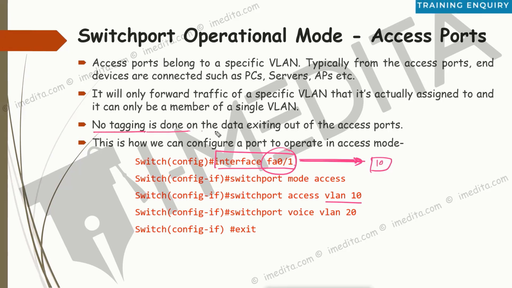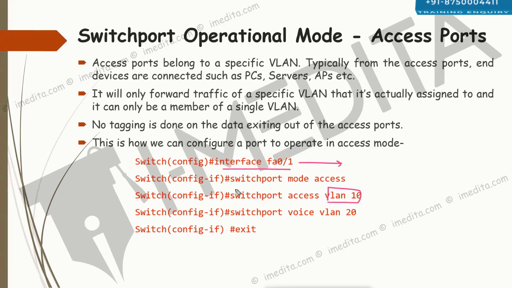No tagging, no indication is there on the data exiting out of the access port. I know that the data belongs to VLAN 10, but I'm not going to tag it. I'm not going to add any information that represents that the data belongs to the VLAN. Tagging is not done on the access port.